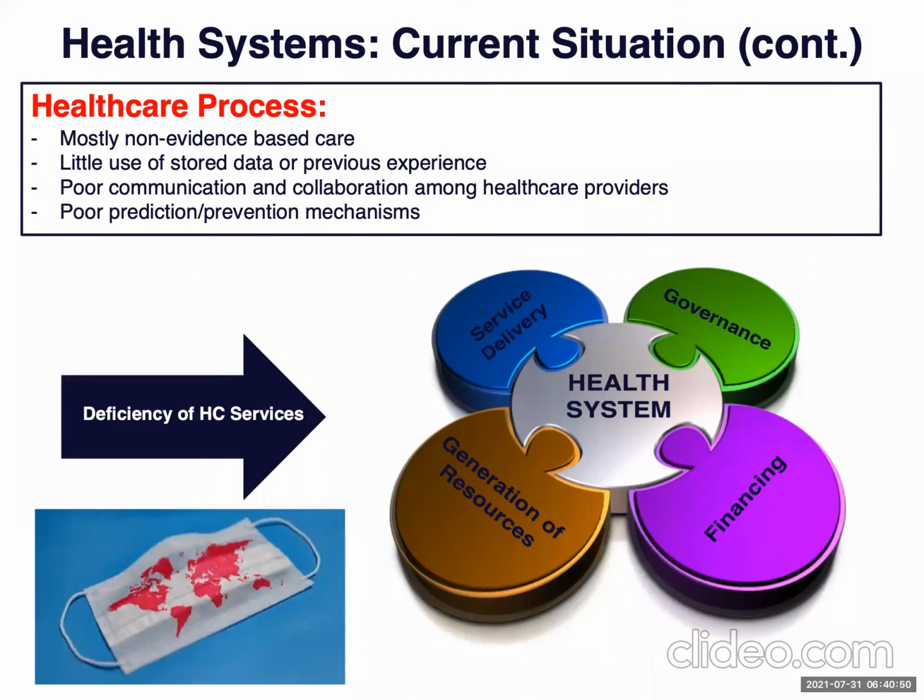They are still relying on their own experience to provide healthcare services, rather than on evidence-based and justified practices. There's a lot of poor communication, little use of data, and poor prediction and prevention mechanisms for what's going to happen in the coming years and what we can do in order to prevent it.